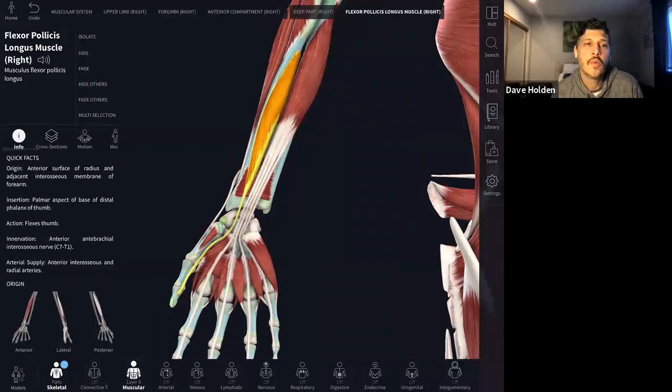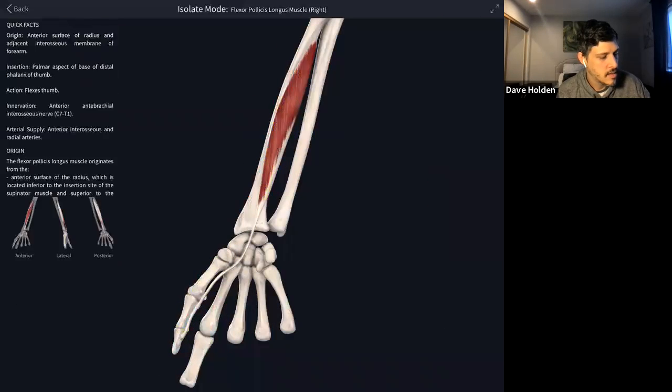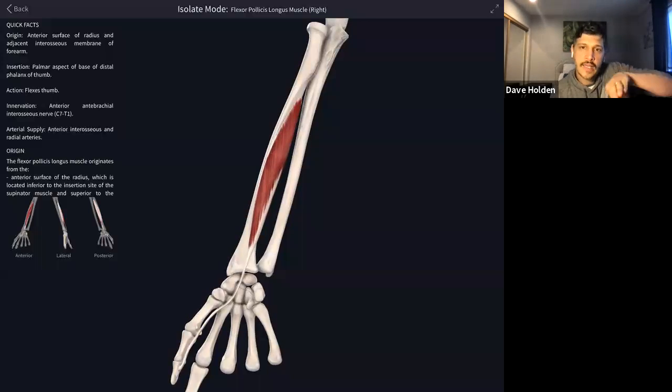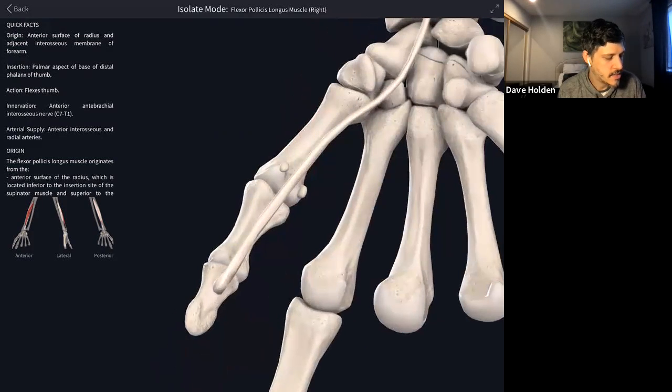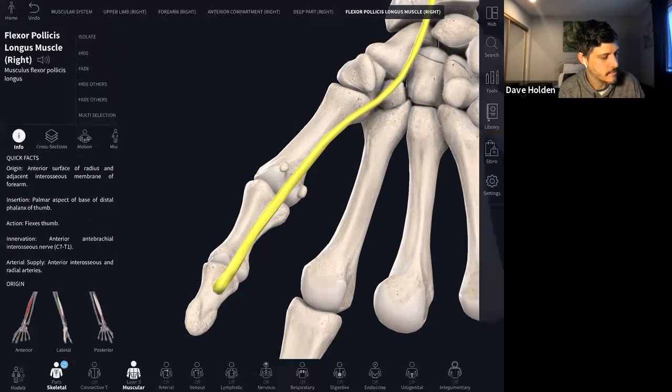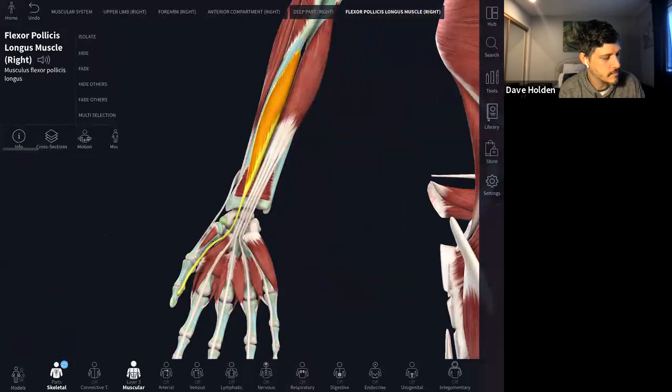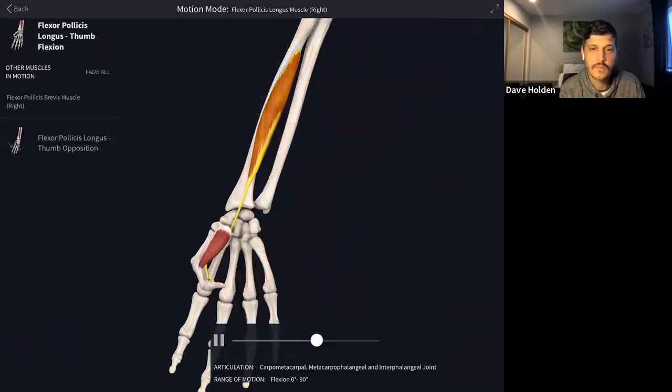And here we have flexor pollicis longus. Starts on the inner side of the radius, crosses the wrist, and it inserts at the base of the distal phalanx of the thumb. And it does thumb flexion.